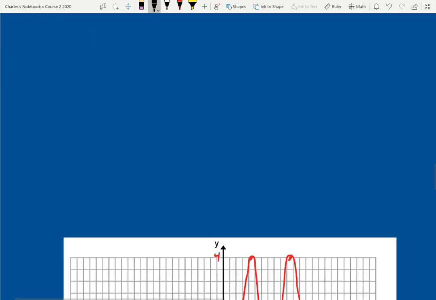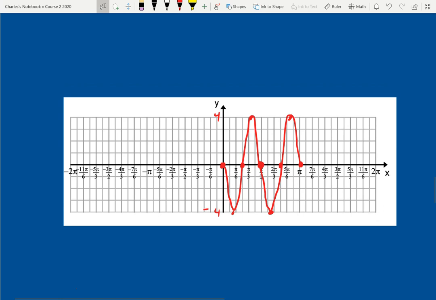So that's my graph there. Now here's a situation where you're given the graph and you have to work backwards and find the function. If I'm going to work backwards and find this function, what do I notice about it? Well, the first thing I would notice is that it's not a cosine because it starts in the middle of the graph and it's going down.